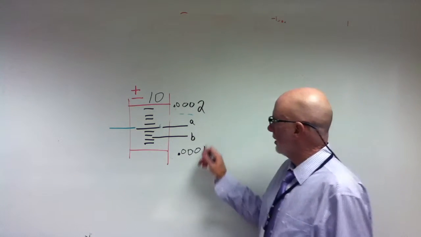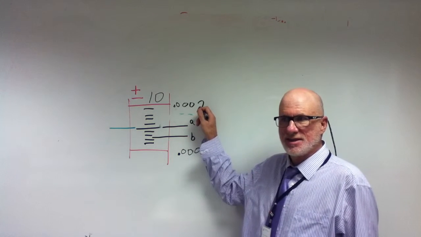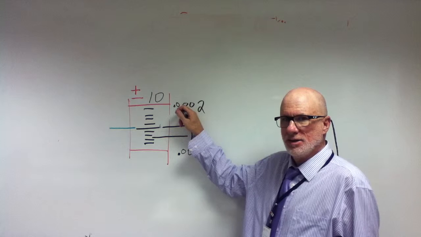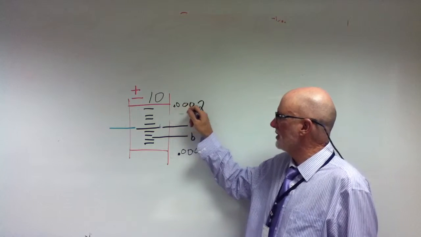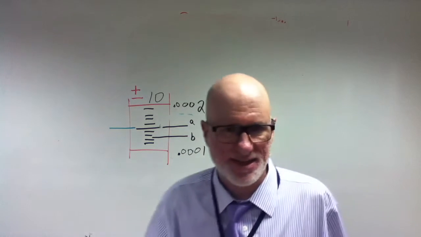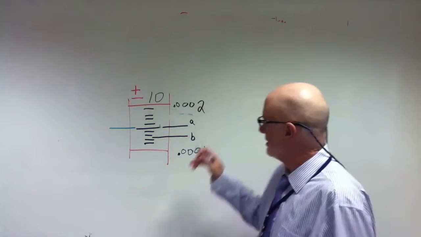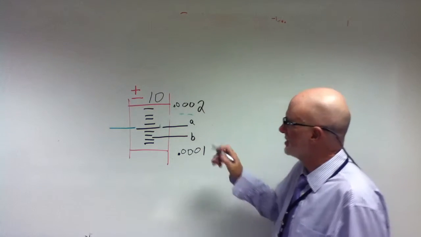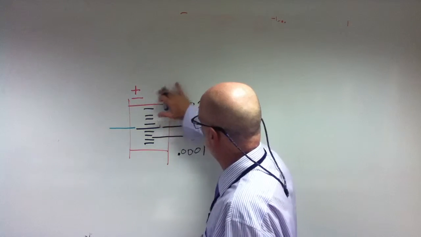Now, remember, this is 10 thousandths, right? So this is going to be tenths, hundredths, thousandths, 10 thousandths. So it's 2 less than 10 thousandths. 10 thousandths, 100 thousandths, millionths. So this is millionths.